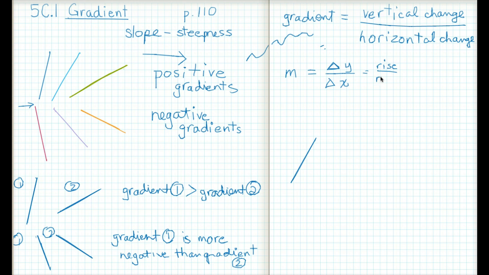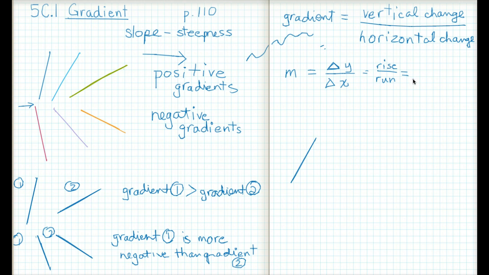It's another way of saying what's the change in the vertical, the rise, how far you've gone up, over how far you've run, how far you've gone in the horizontal direction. So maybe that's an easy way to remember that you divide the y change by the x change, because normally in our formulas x always comes first. So here in gradient you have to remember that you do the y divided by the x and not the other way around. If we're going to do this off of 2 points, that's what we're headed to.